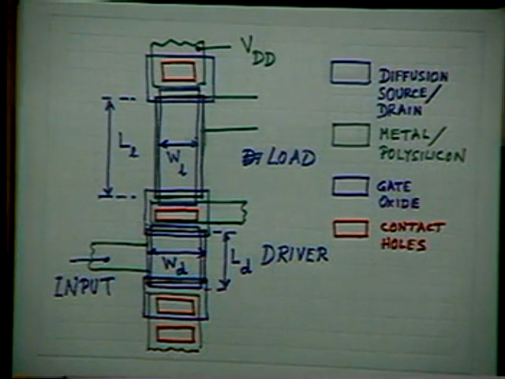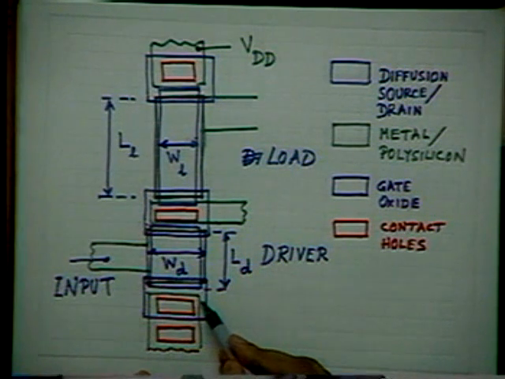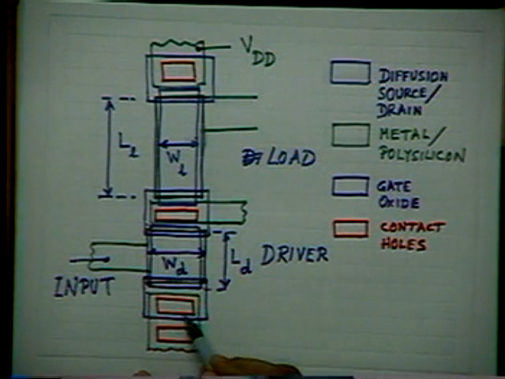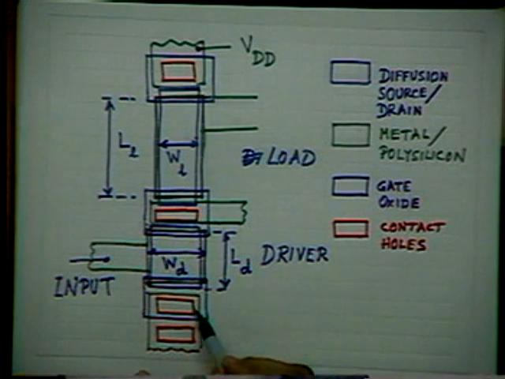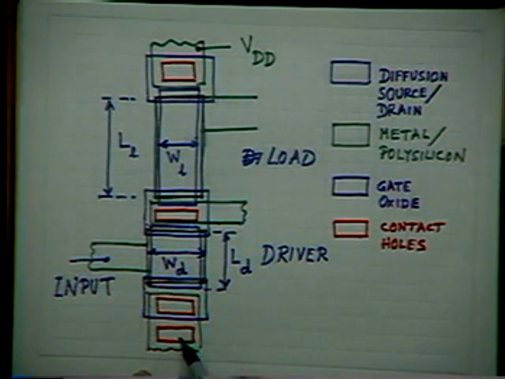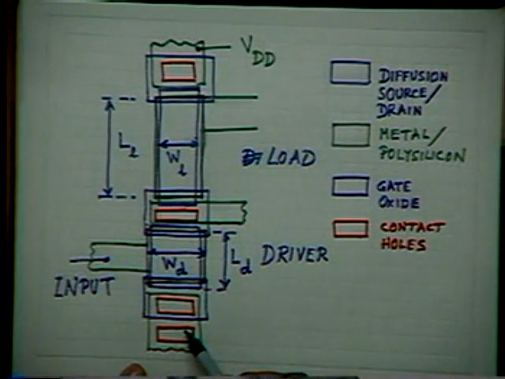Alright? On the other hand, you come to this side, which is the source of the driver transistor. And here also you see that I have a red rectangle, which means a contact hole. And on the substrate itself I have placed another contact hole. Have you noted that? I have two contact holes, one on the source, the other on the substrate.